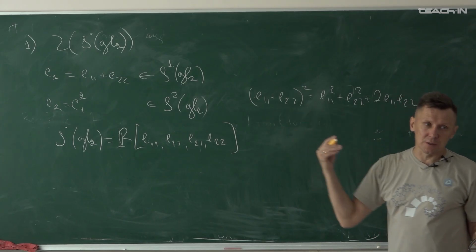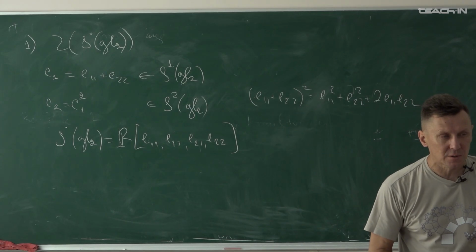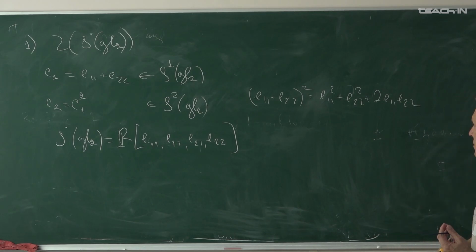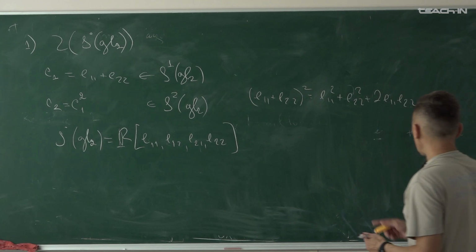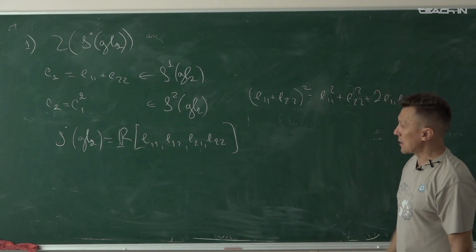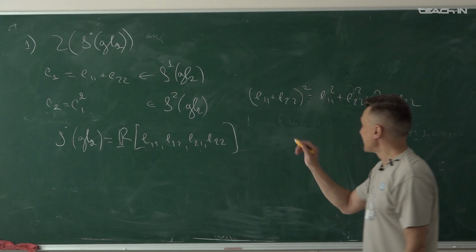The product of two central elements will also be a central element, due to the Jacobi identity. So this element is central. But I know another element.